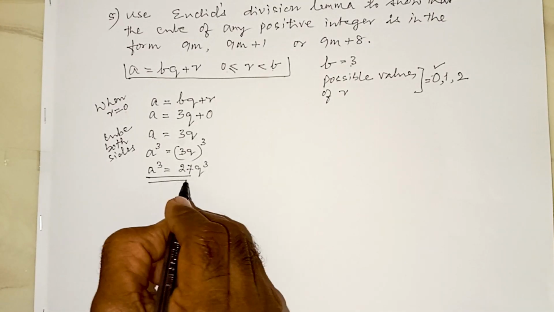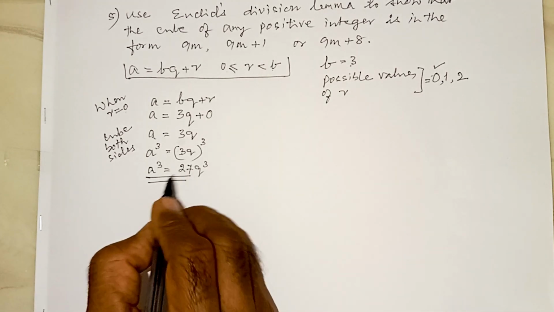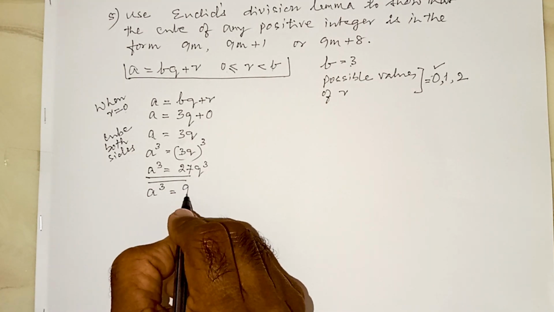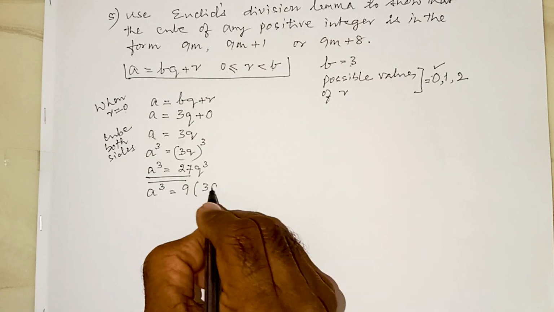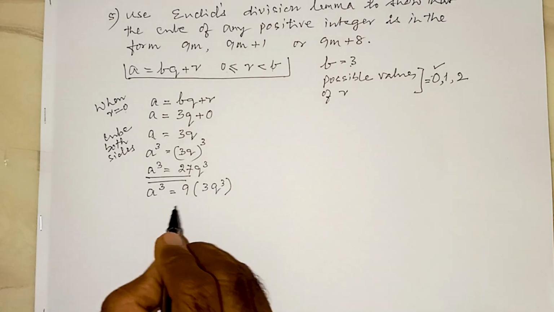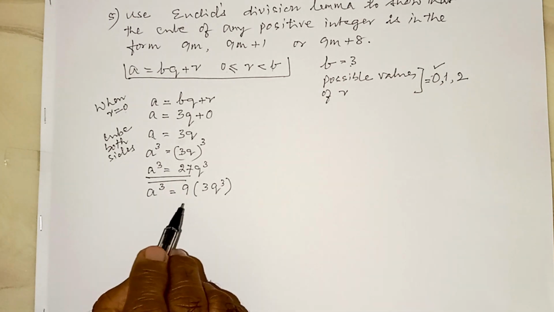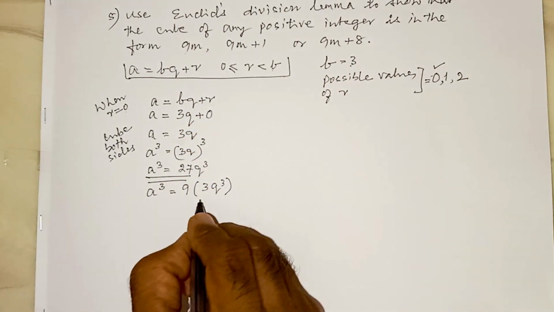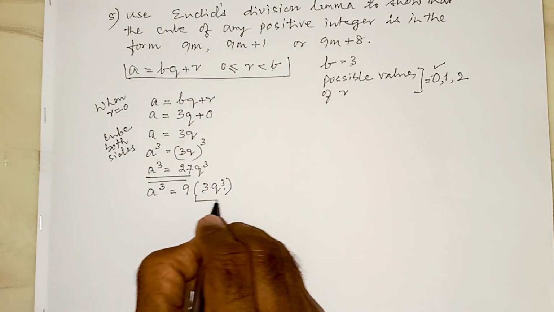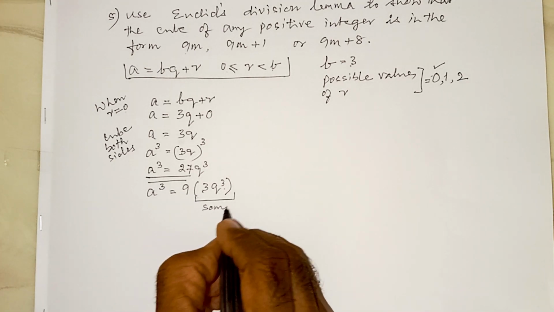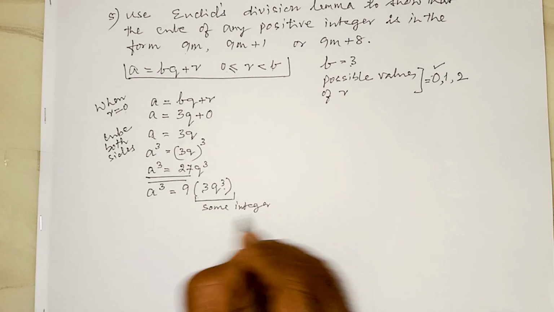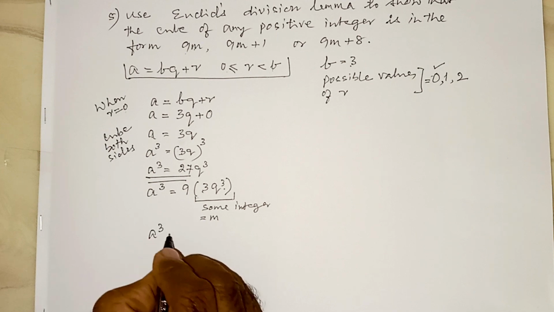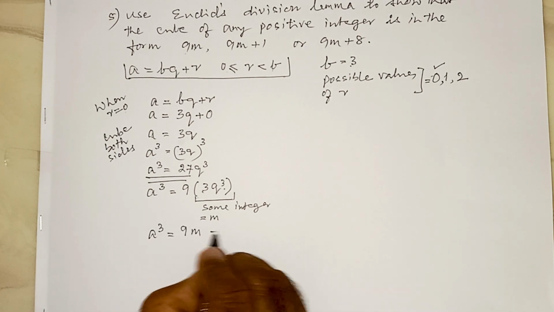Here we can go further. a cube is equal to 9 times 3q cube, taking out 9 and keeping 3q cube separately so that we can find the answer easily, because here we have to see 9m. Here 3q cube is some integer, which you can represent by the letter m. Therefore, a cube becomes 9m. This is case 1.